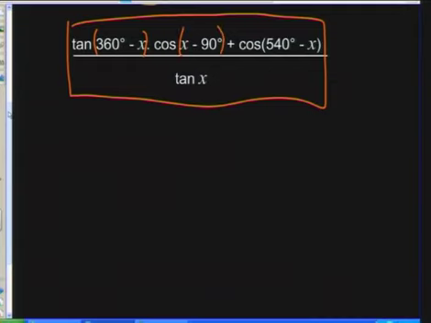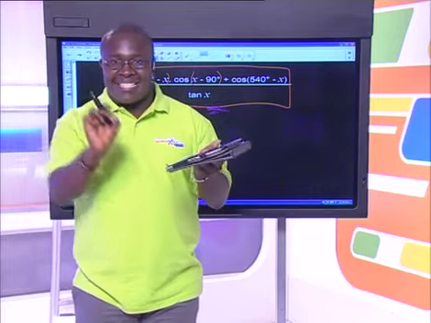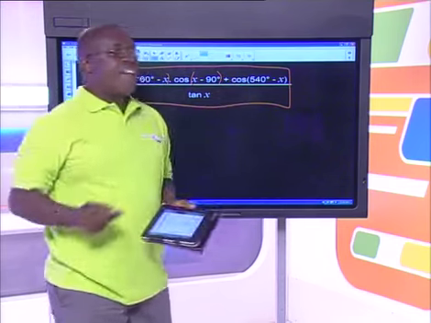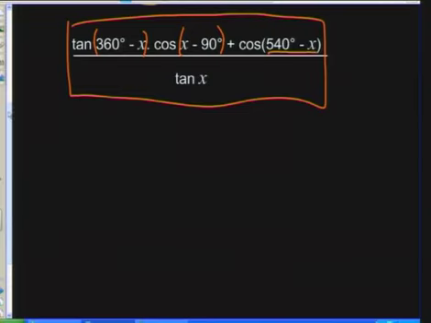So it's tan of 360 degrees minus x, multiplied by cos(x minus 90 degrees), where the brackets imply that we're saying cos of the angle x minus 90 degrees, plus the cos of 540 degrees minus x. So that is our numerator, and everything is divided by tan of x.